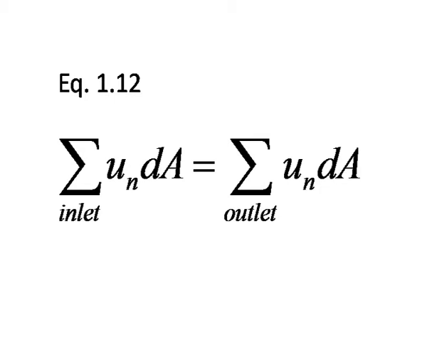Furthermore, if we are dealing with incompressible fluid, a good assumption for most liquids, that is, there is no change in the density, the equation 1.11 further simplifies to equation 1.12, where sigma inlet un dA is equal to sigma outlet un dA, the product of velocity and area is volumetric flow rate.